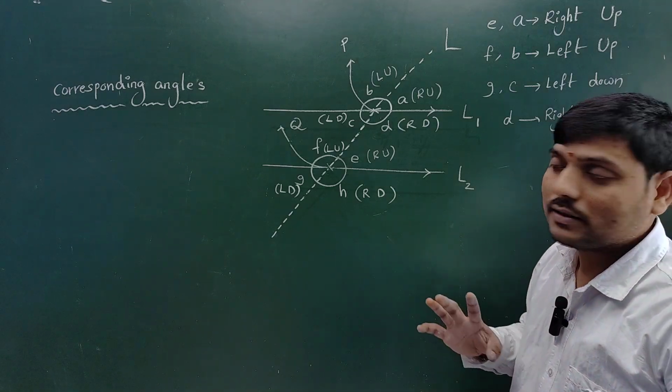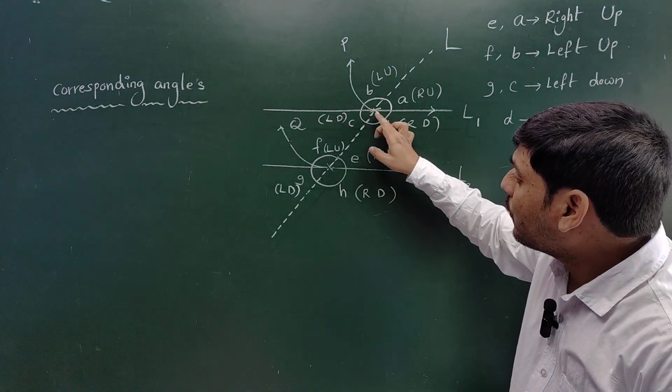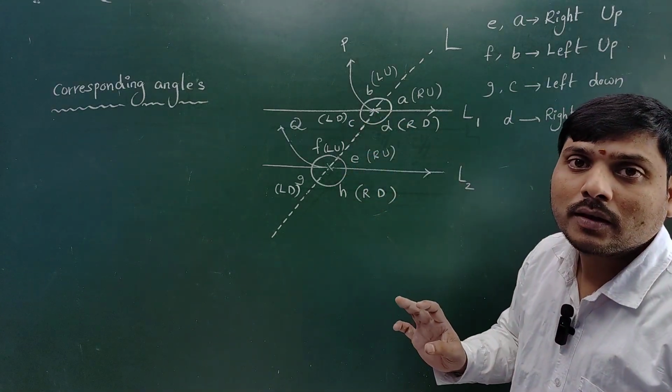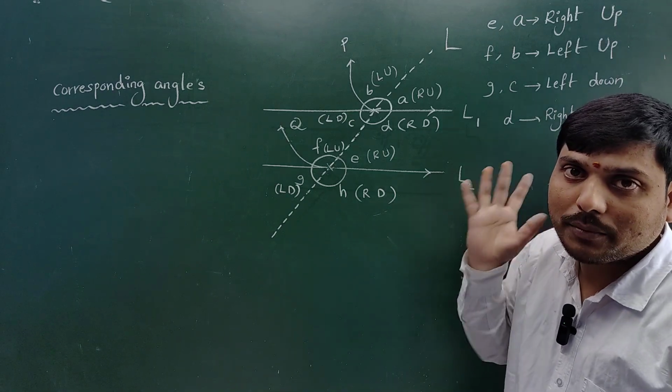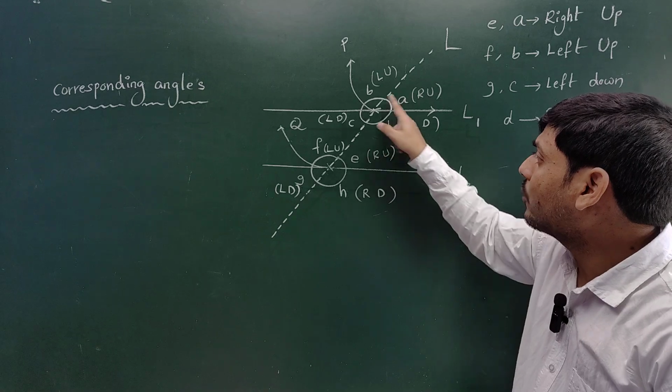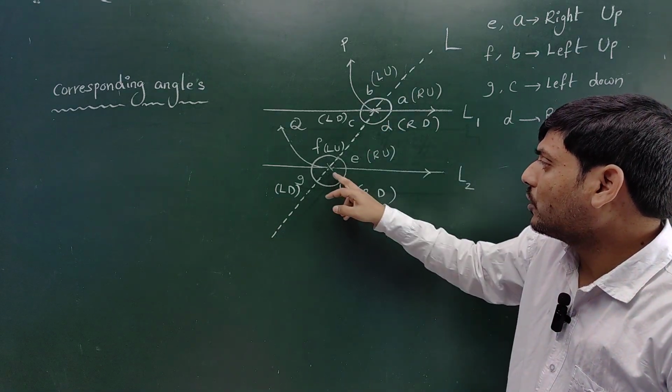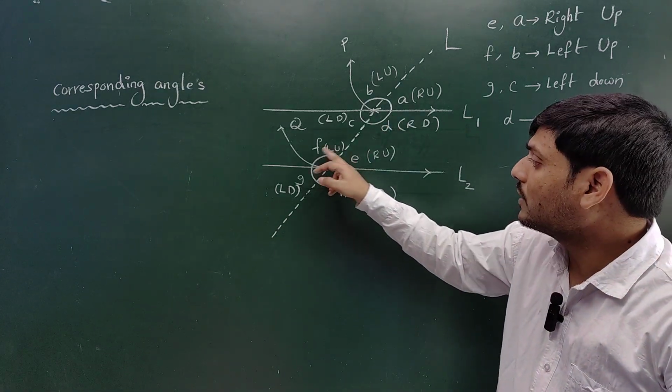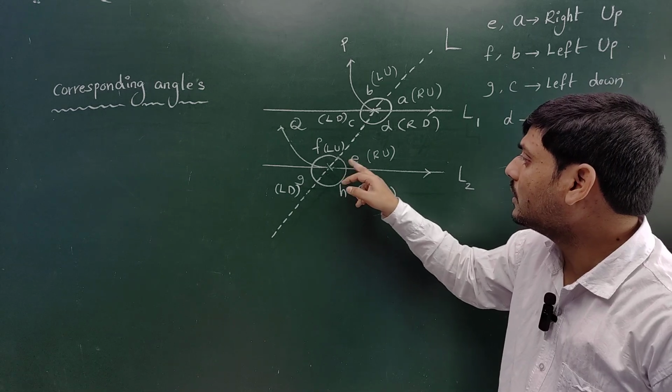That is a very important concept. At the intersecting points P and Q, four angles are formed at each. The angles at P are A, B, C, D, and at Q the angles are E, F, G, H.